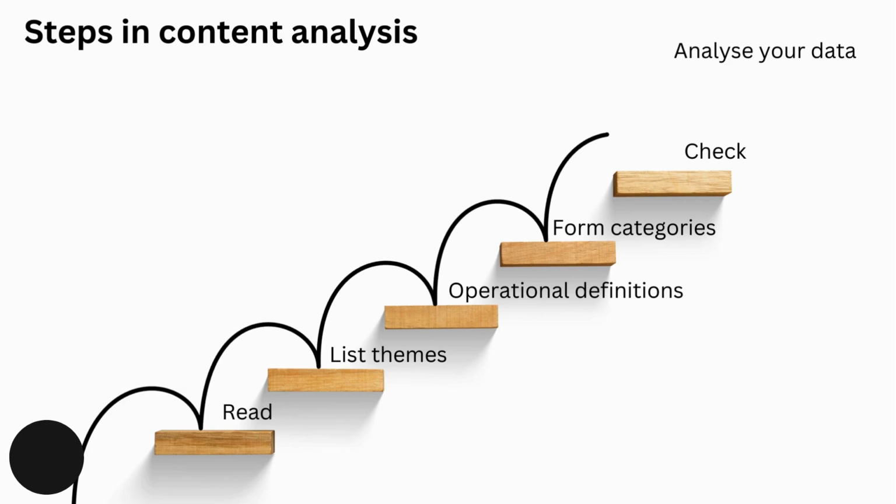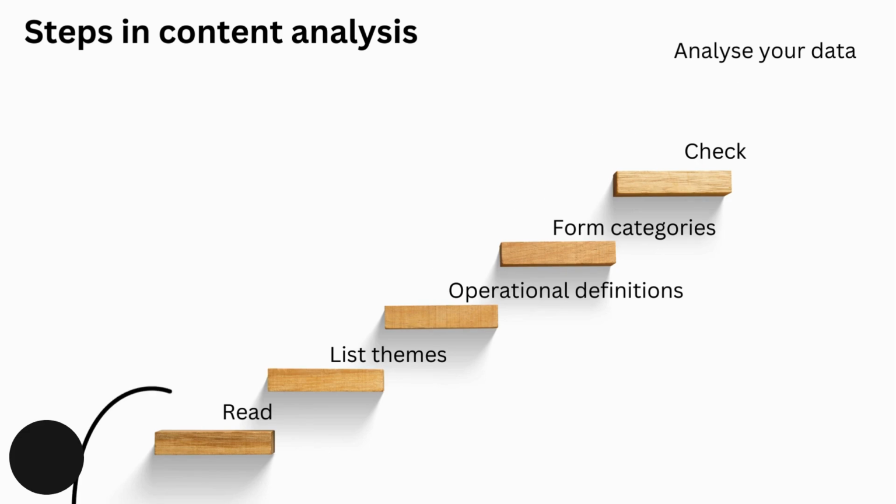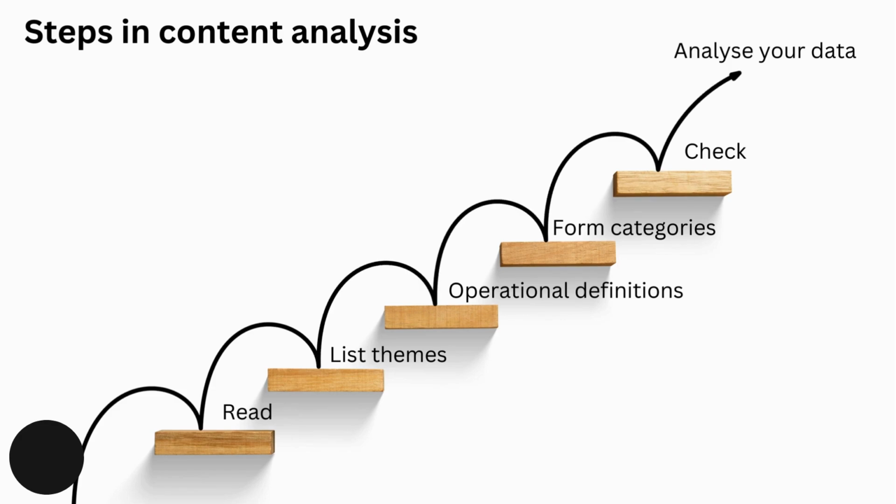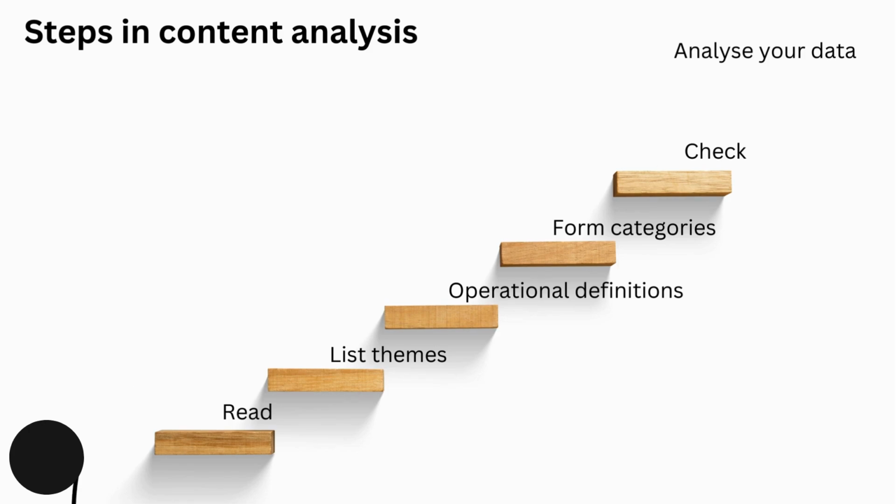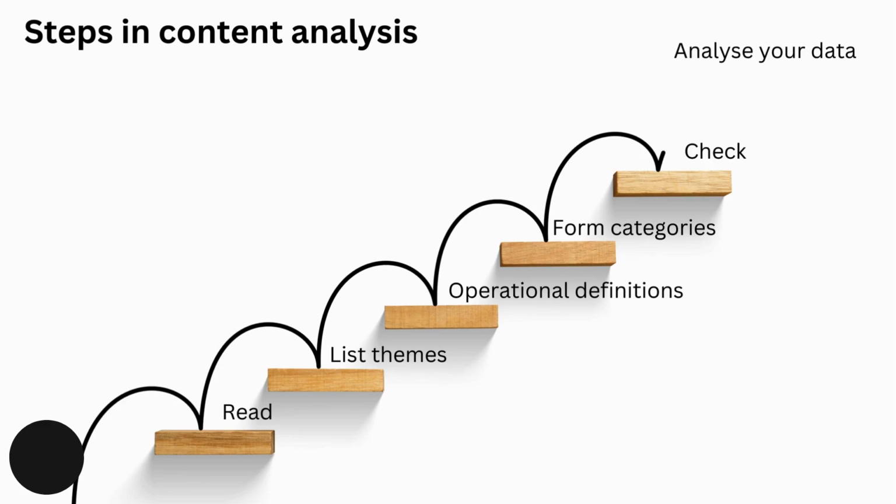If you are working with more than one transcript or more than one particular group, you're going to repeat the first few steps with each transcript. And when you have done the above with all the transcripts, you're going to collect the categories. This will allow you to examine each category in detail and consider its relevance. You're going to ask yourself if it will help you to answer your research questions or to test your hypothesis.